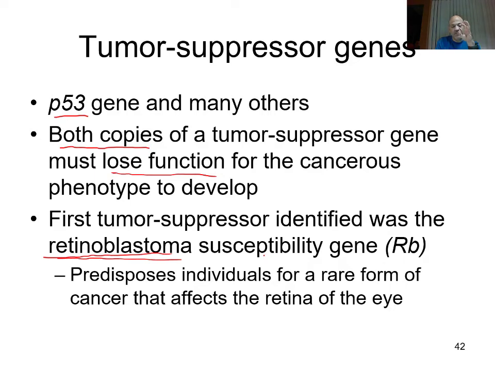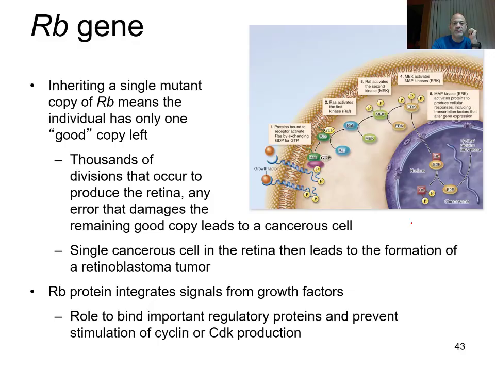During embryonic development, when the retina is forming, the cells inside the back of the eye that are sensitive to light go through division, and a mutation could happen in the other good copy, and then you get retinoblastoma. Predisposing means that you're at a higher risk of getting that cancer early in the development of the eye. So it's a cancer of the eye, but the protein itself is also important in other cells in controlling the cell cycle as well.